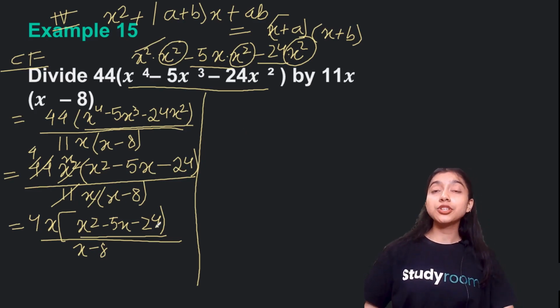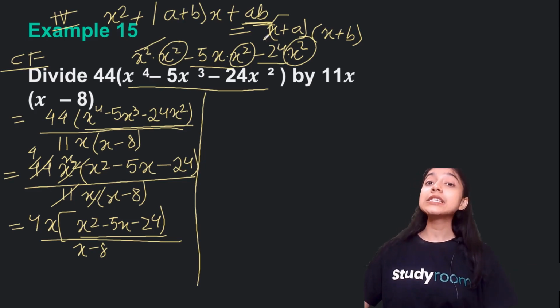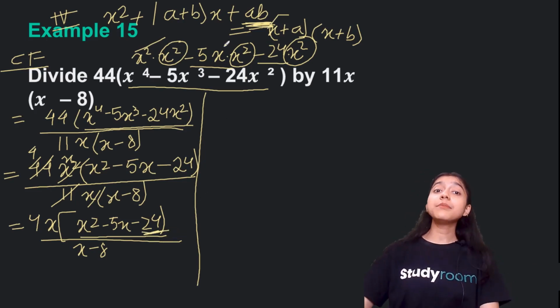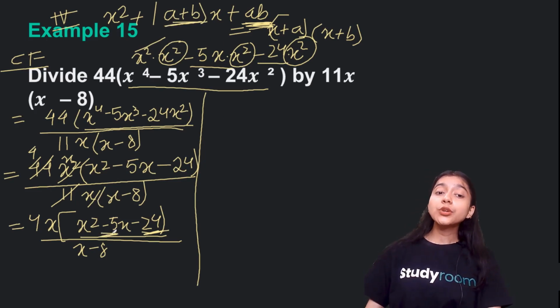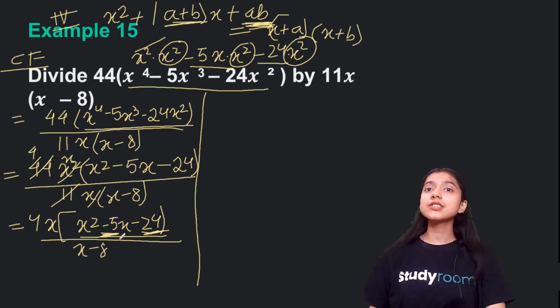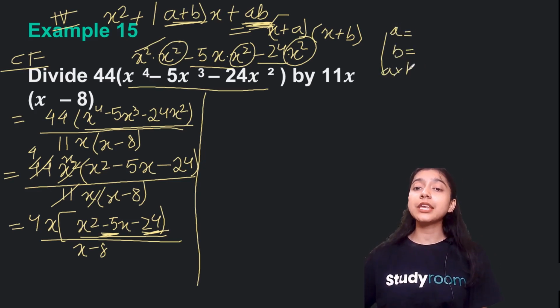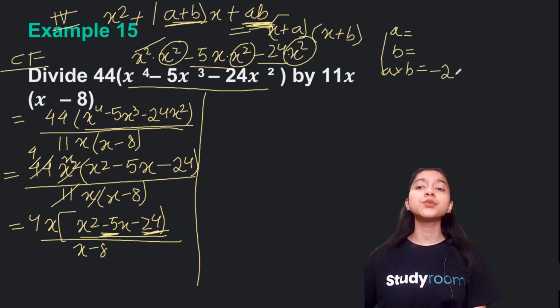So the basic logic of using this identity was that this product of AB should be taken. That means A and B should be taken in such a way that this product AB gives us the numerical component, that is minus 24, and the sum of AB, that is A plus B, should be equal to the coefficient of x over here, which is minus 5. Let me explain. I have to take A and B in such a way such that the product of this AB, A multiplied with B, gives me the numerical component which is equal to minus of 24.